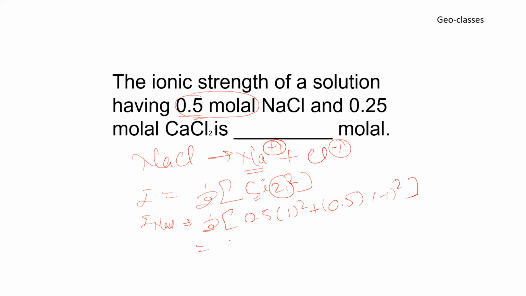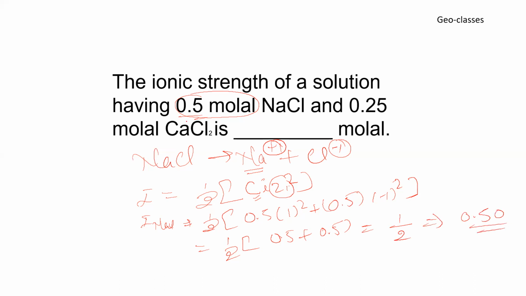Here we get 0.5 plus 0.5, which becomes 1, and this divided by 2 becomes 0.5.